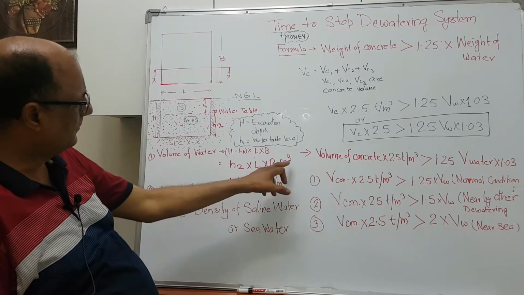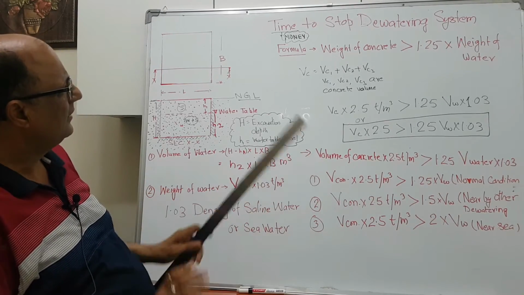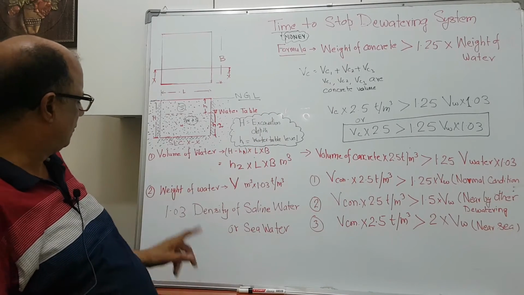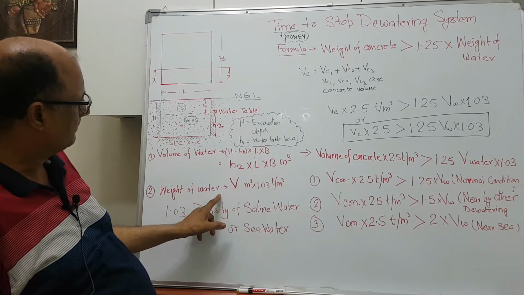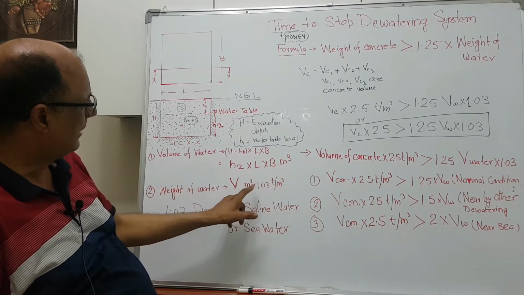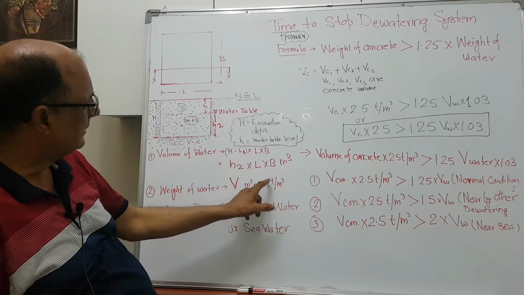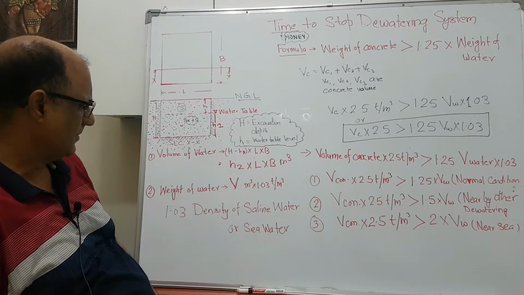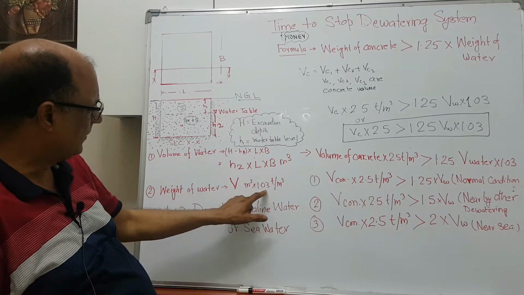Now this will be the volume, and here the weight. So the weight of the water will be the volume calculated here multiplied by 1.03 ton per meter cube. You may be surprised why 1.03.